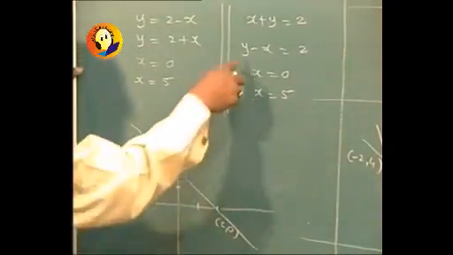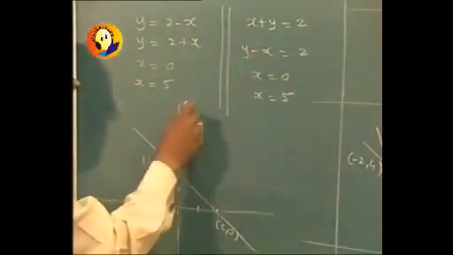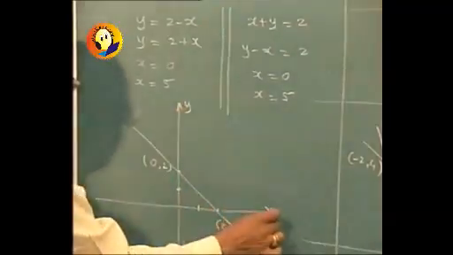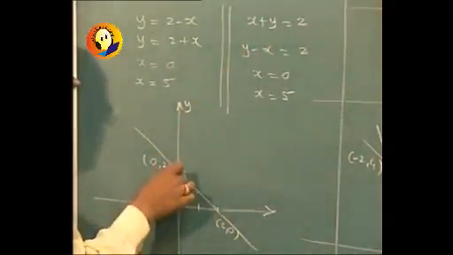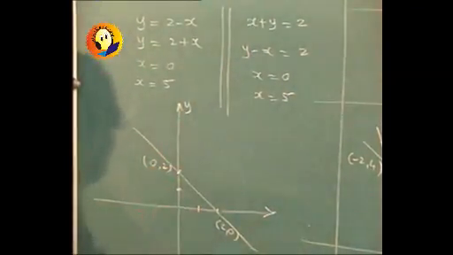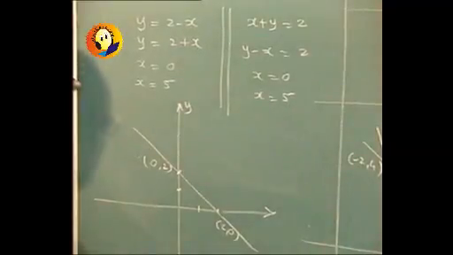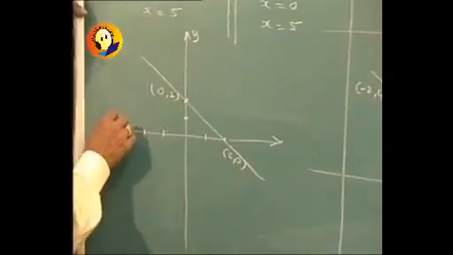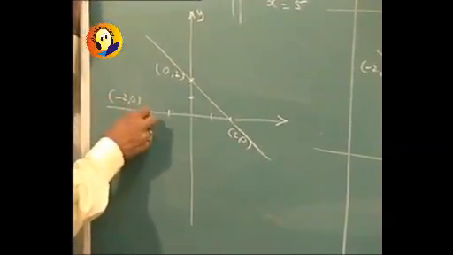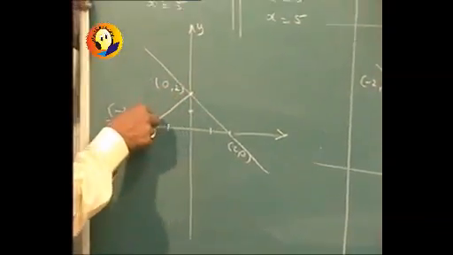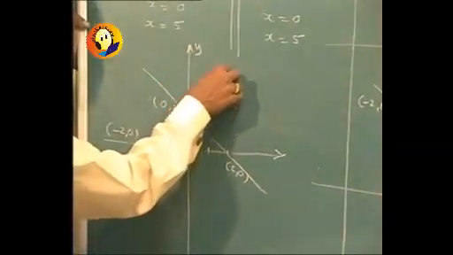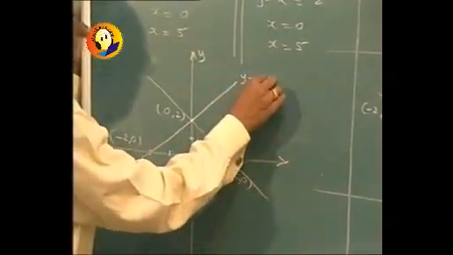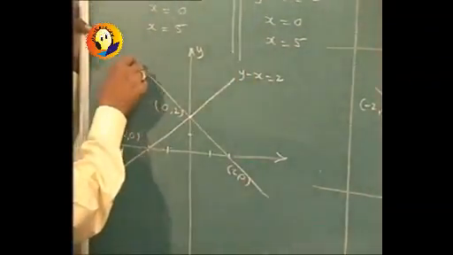If I put x equal to 0, that is the y-axis equation, then y will be 2, so it passes through 0, 2. And if I put y equal to 0, I get x equal to minus 2. X equal to minus 2 is this point. So the second line is going in this direction. So this is y minus x is equal to 2. This is x plus y equal to 2.